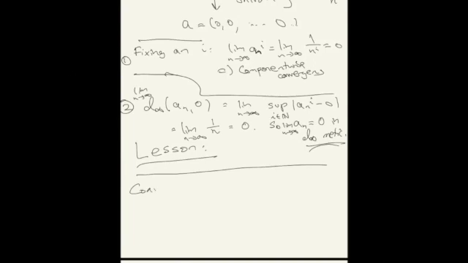So convergence depends on the metric. And sometimes it can be a little different; there are different meanings for convergence.